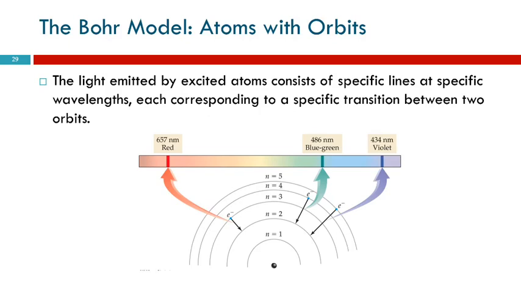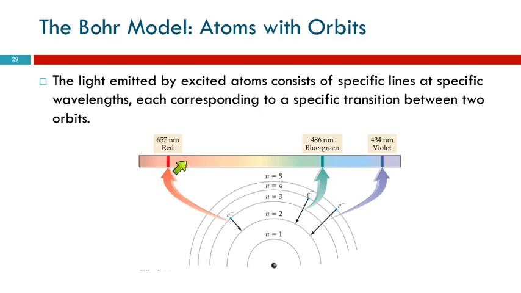The reason that we only see discrete particular wavelengths is because there are only particular transitions that are possible. It's like with the ladder. You can go from rung 2 to rung 1, you can go up, but you can't do stuff that's in between.